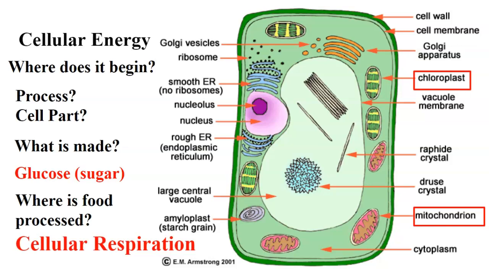So cellular respiration is taking glucose with the help of oxygen. So glucose is the fuel, and oxygen helps burn that fuel, just like a campfire needs oxygen to burn. Your glucose needs oxygen to burn completely. And it happens in the mitochondria.